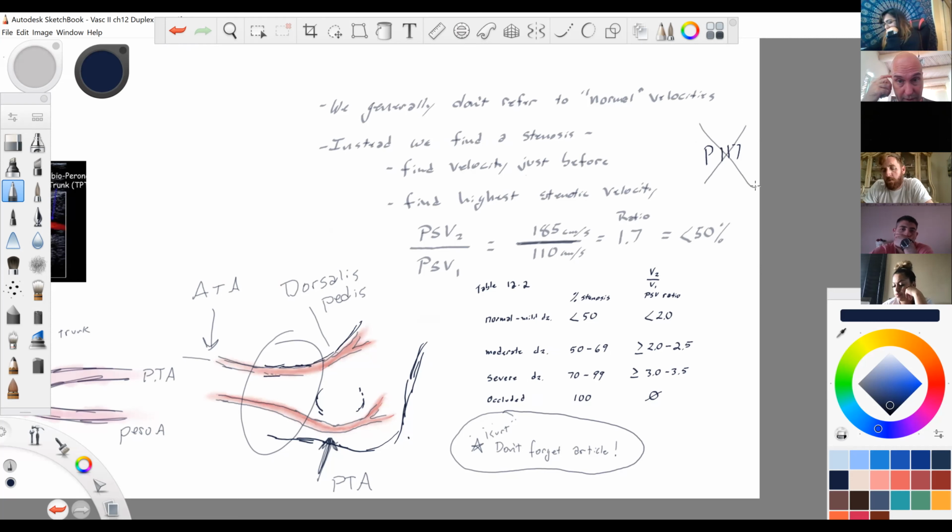And I have no idea why I put page 117 down, because that doesn't make any sense at all. That's in the middle of the carotid chapter, chapter 9. Okay.